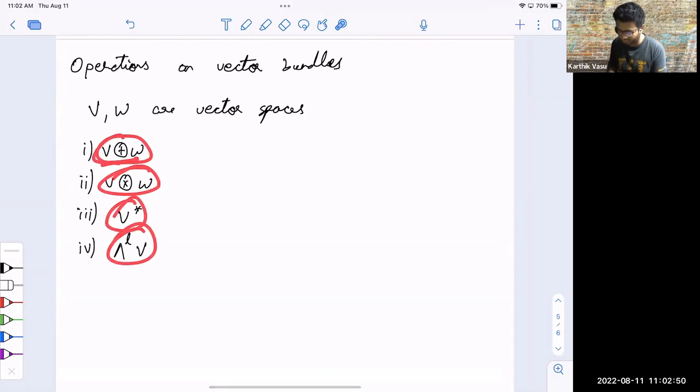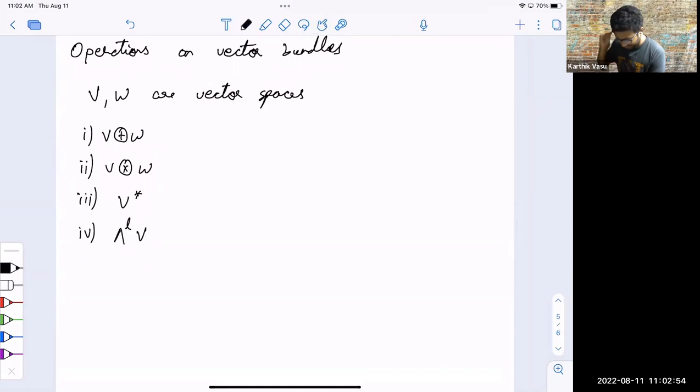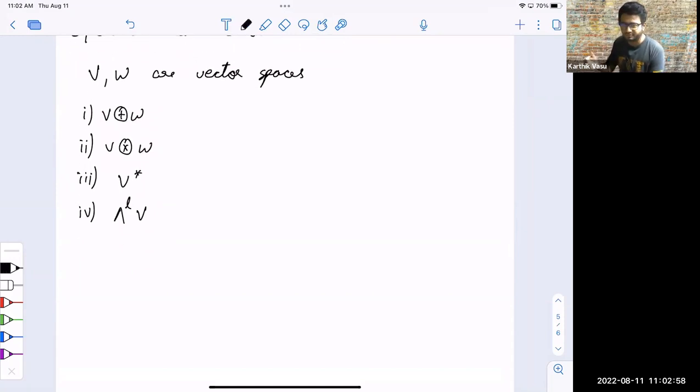So here you're starting with vector spaces, ending up with vector spaces. You can do basically all of these on vector bundles. So if you have two vector bundles, E and F, you can add them fiberwise. At each fiber you add them and you get a new one.